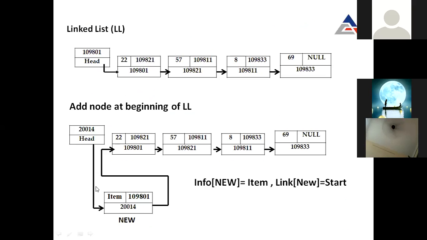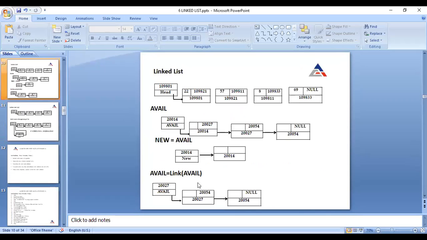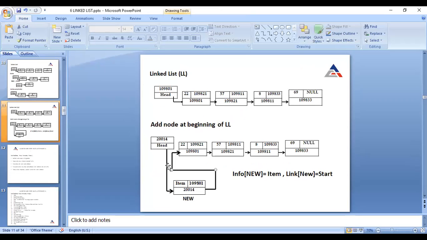So just assume this one, that I want to add this element at the end of the linked list. So what will happen? Let's take the example of this one that I want to add into the end of the linked list. So this will come over here.